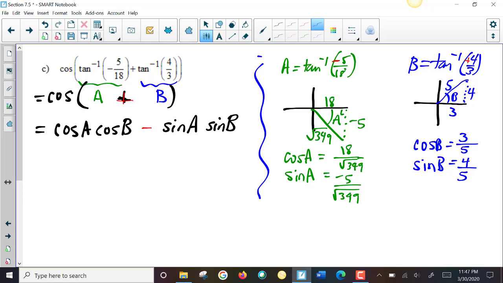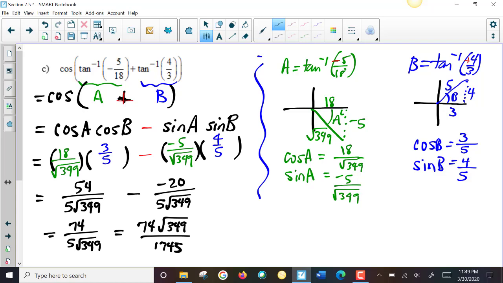Okay, and then you just substitute into the formula. And then multiply and subtract. Okay, so when you plug in the values, you multiply, you simplify, you rationalize. Here's what you get. Either of these. My math lab, of course, will want you to rationalize.